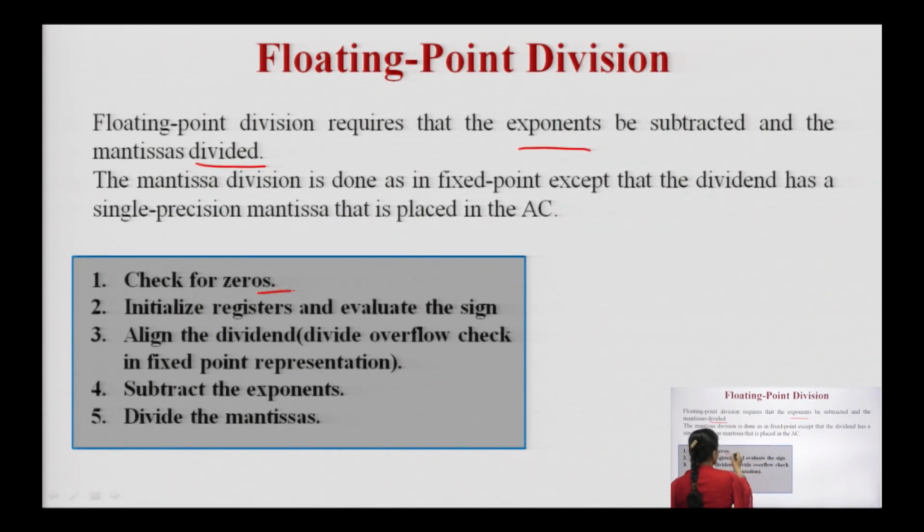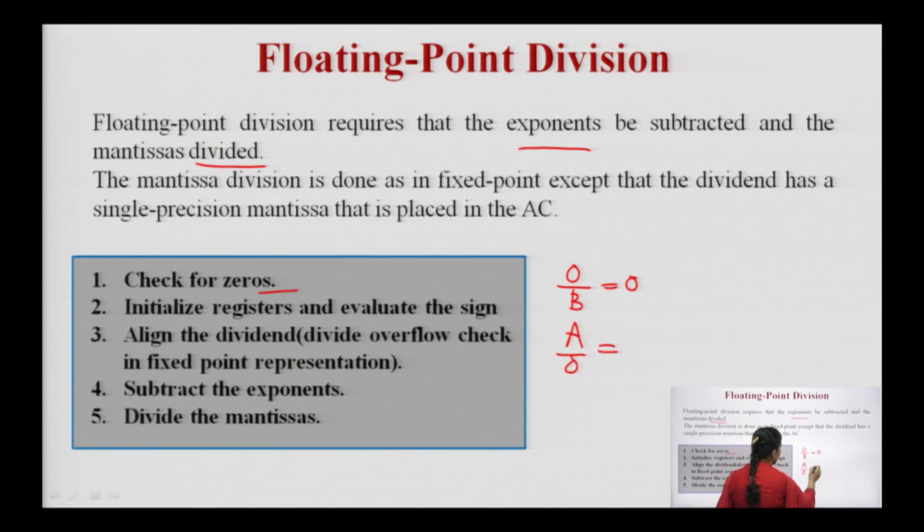So firstly we will check for zeros: if the dividend is 0, the answer will be 0. If the divisor is 0, then there will be a divide by 0 condition. So initialize the registers and evaluate the sign, align the dividend to avoid divide overflow conditions, subtract the exponents and divide the mantissas.